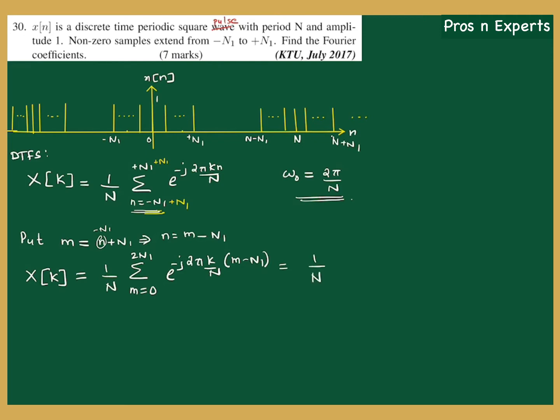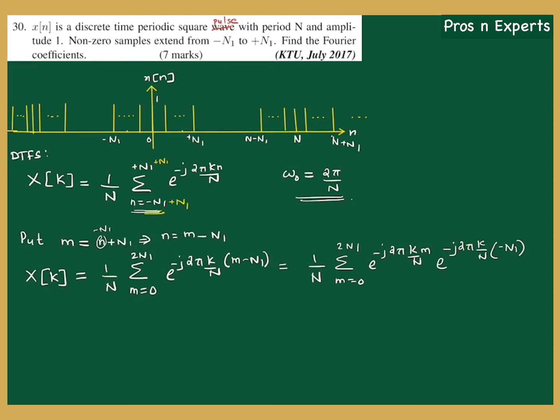That is 1 by n sigma over m equal to 0 to 2n1 e raised to minus j2 pi k by n into... I can split this summation into m into e raised to minus j2 pi k by n into minus n1.